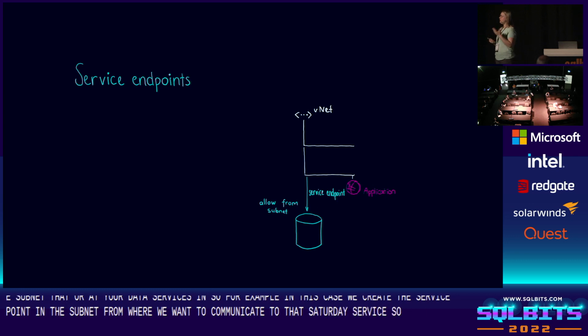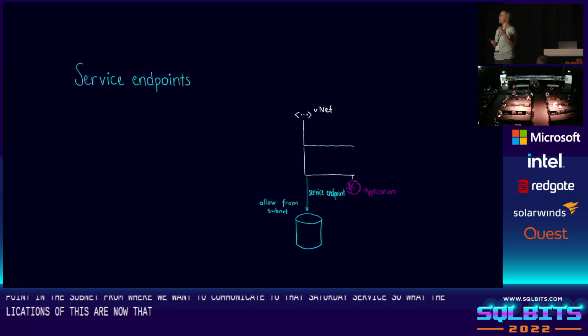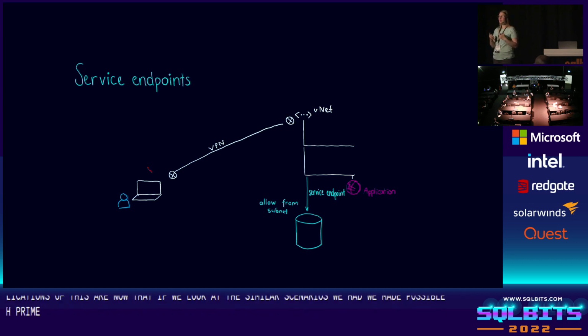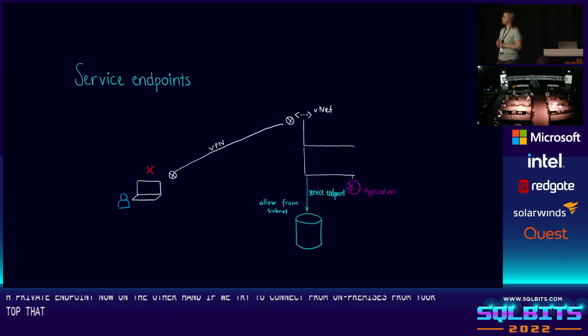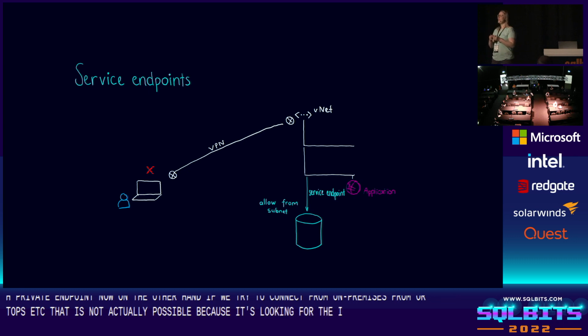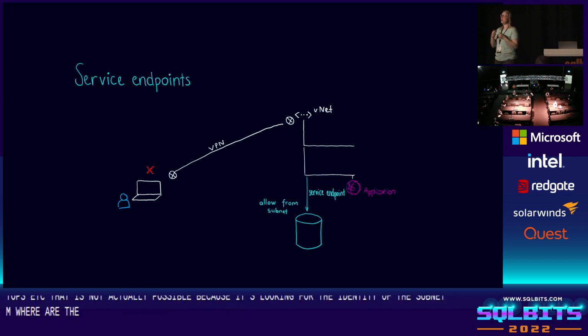So what the implications of this are now, if we look at the similar scenarios we made possible with private endpoint: if we try to connect from on-premises, from our laptops, etc., that is not actually possible, because Azure is looking for the identity of the subnet from where the traffic is coming from when it is checking whether the Azure SQL is allowing or blocking the traffic.